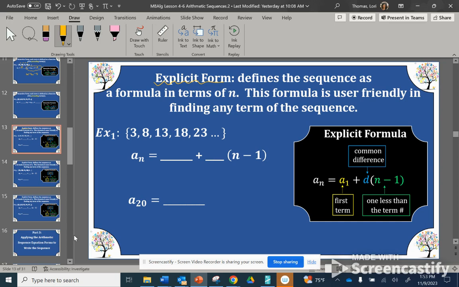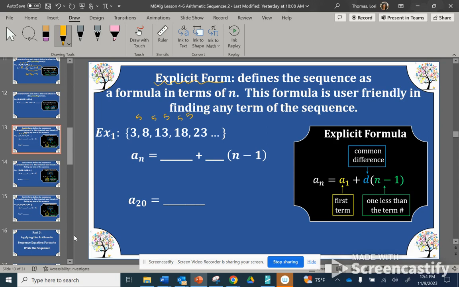But we're not going to just apply the common difference. So here we have 3, 8, 13, 18, 23. So these are going up by 5. So our common difference, d, is going to be 5.